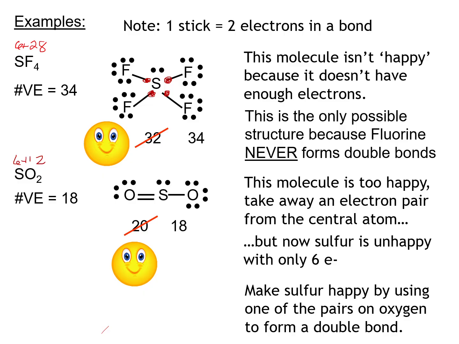I've had students in the past ask me, especially after I started talking about how nature likes symmetry, well, is that the best structure? And actually, it's not. A better structure would be, we got sulfur in the middle, we got our lone pair on top, if you had 2 double bonds.